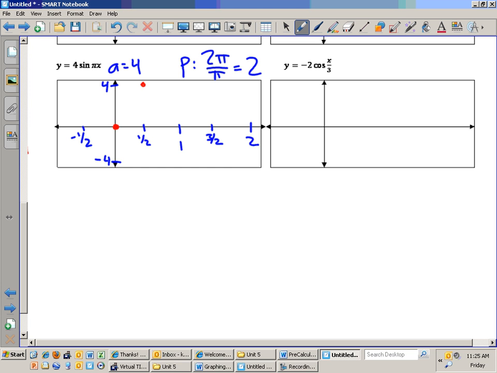How about at 1? How about at 3/2? How about at 2? And you can even back up over here if you want to provide a little bit more of the graph. And now you're going to use your very best handwriting, Nathan, and you're going to draw a nice sine wave here.